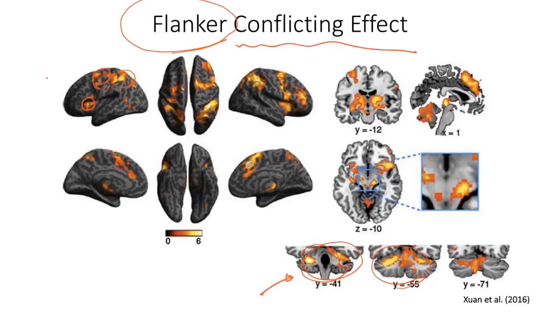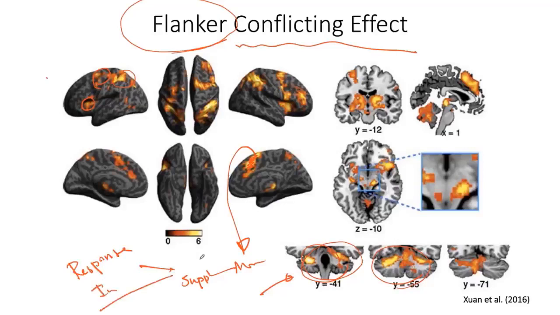Meanwhile, as you can see here, these parts are mainly the supplementary motor areas. And these parts are involved because of the role of response inhibition, and the control that we need to exert here.